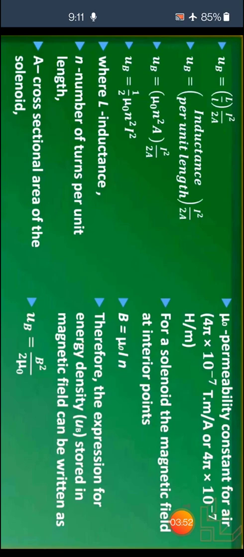Therefore, the expression for the energy density ub stored in a magnetic field can be written as ub is equal to B square upon twice mu 0. This gives the energy density stored at any point where the magnetic field is B.